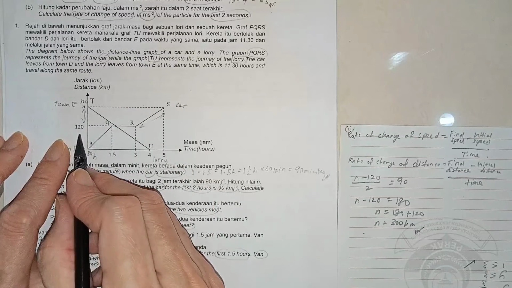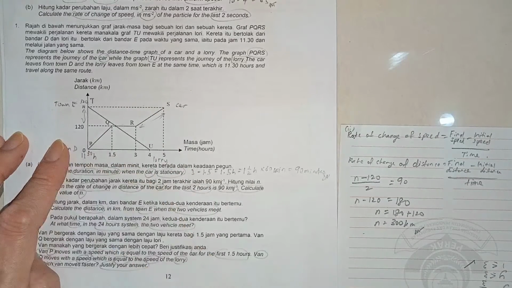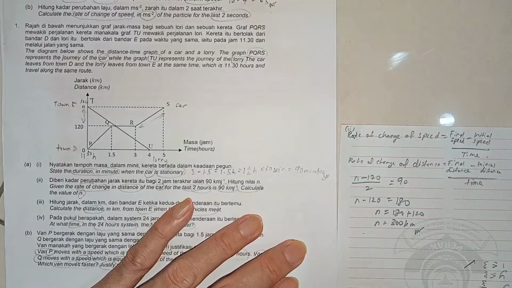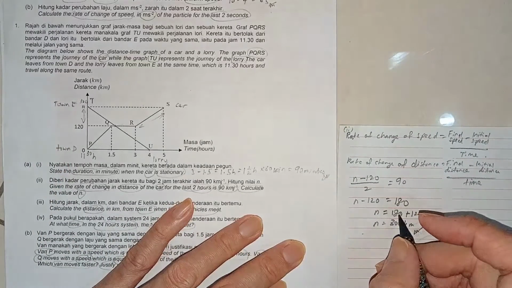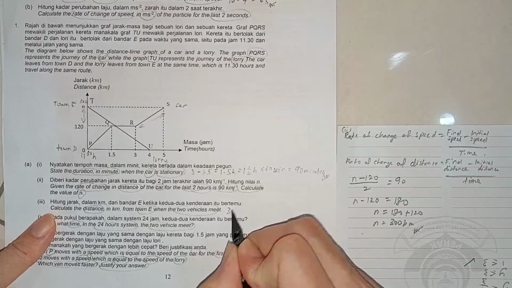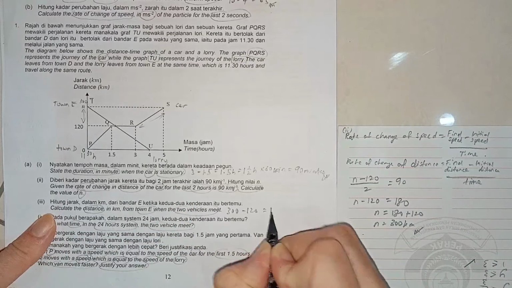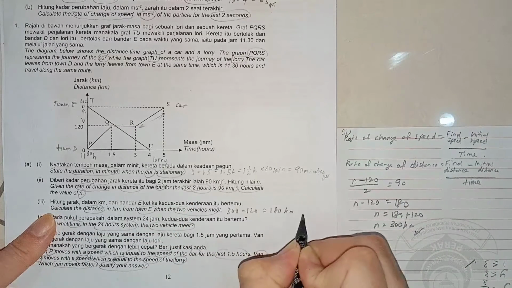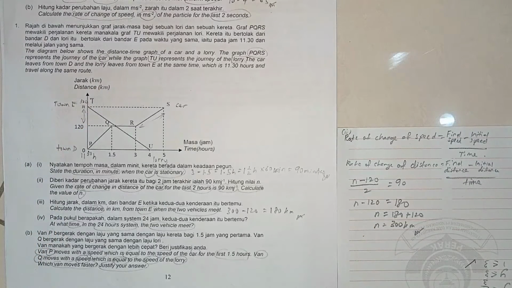So to get the distance it will be 300 minus 120, because 120 is here. So it's 180 kilometer, because it is in kilometer. Then from here, number 4.